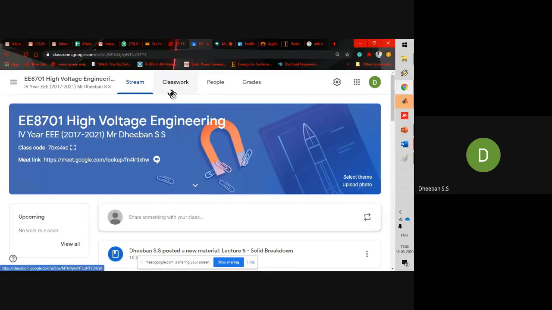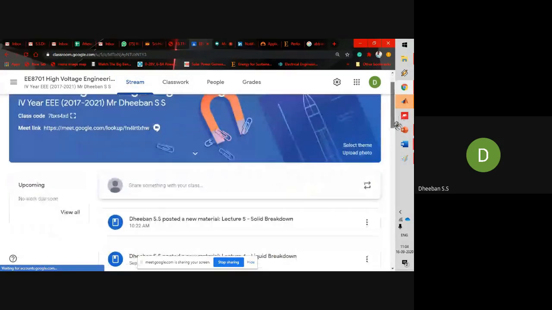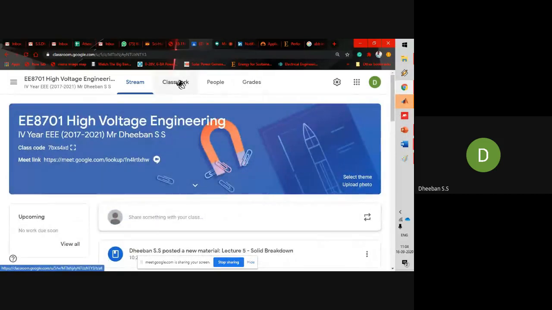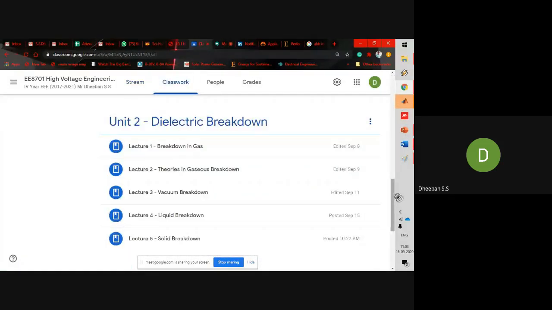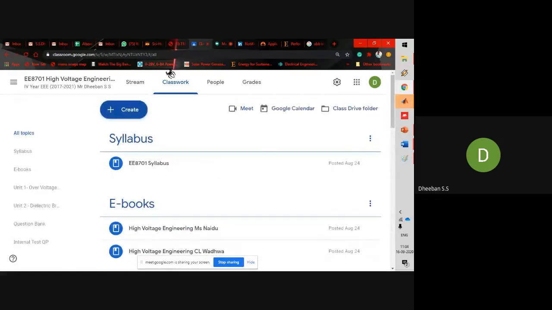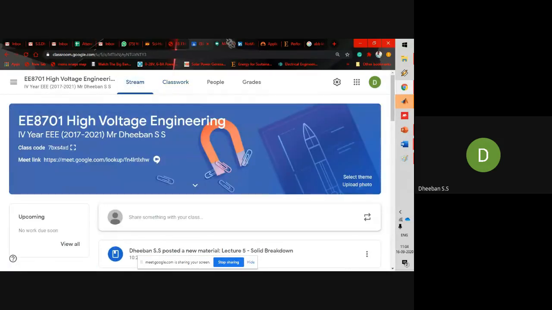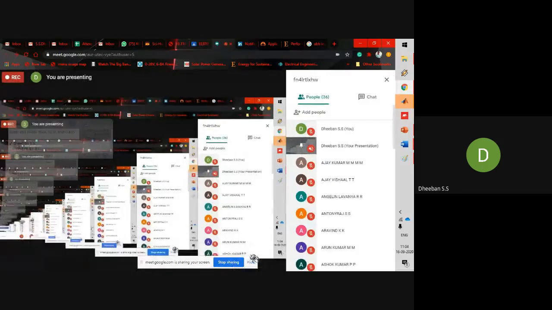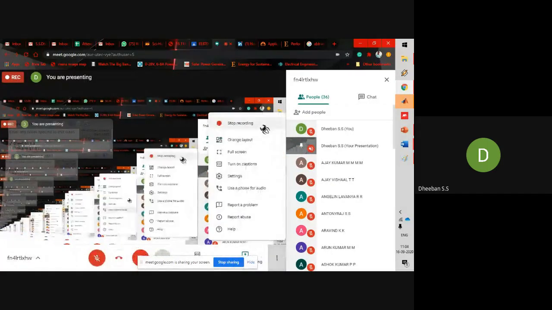If they submit after time, the marks will not be provided. So if I am giving any kind of assignment, just try to finish it, because these assignment marks will definitely be reflected in your internal marks.